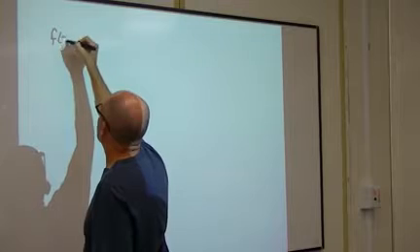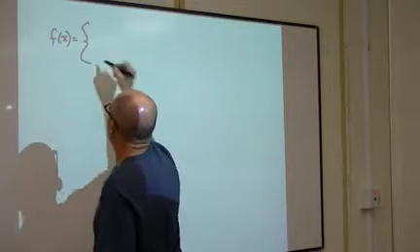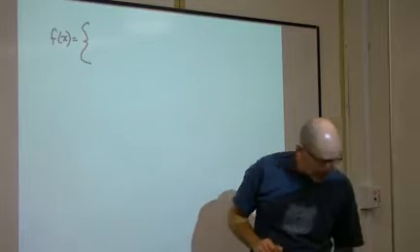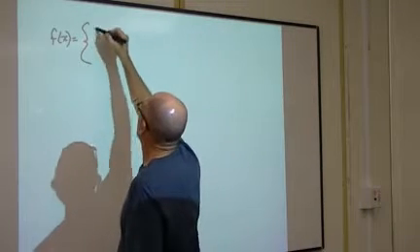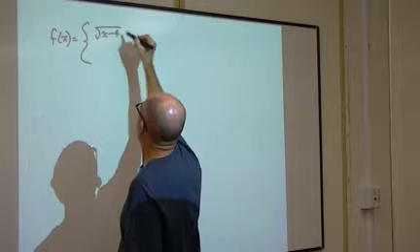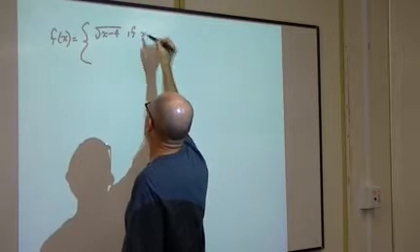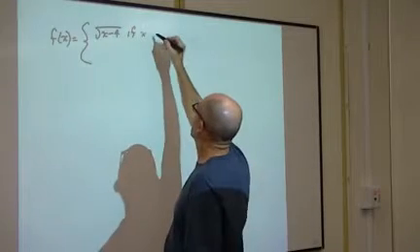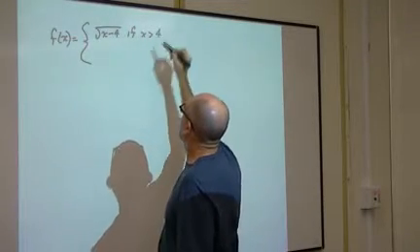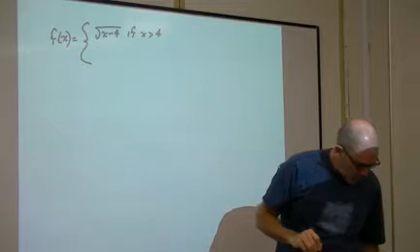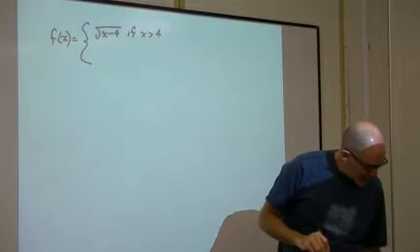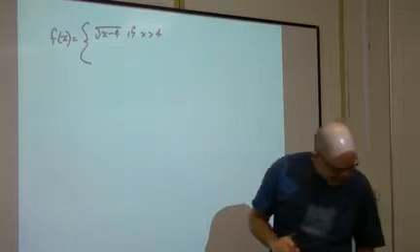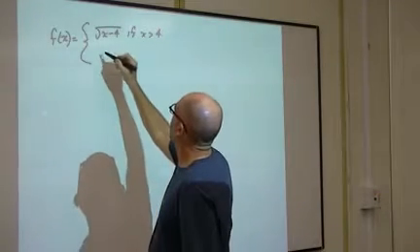So f of x equals square root of x minus 4 if x is greater than 4, or 8 minus 2x if x is less than 4.